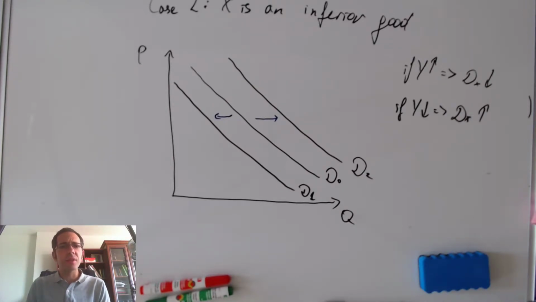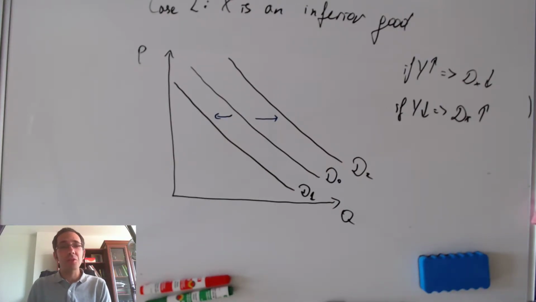And vice versa, if you're selling an inferior good, actually a decline in people's income may be good for your business because people will be demanding more of your product.